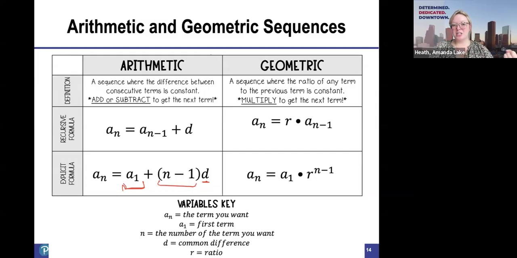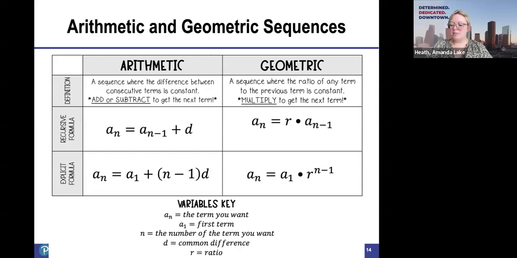So to get to the second term, we add d 1 time, so 2 minus 1 is 1. We need to add it one fewer time than the number of the term we're looking for, because we started with the first term already.